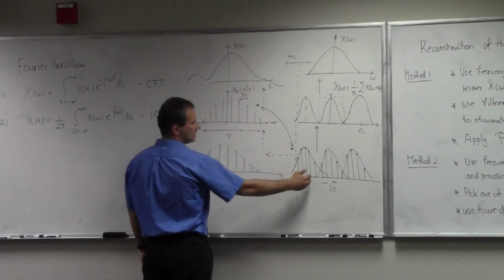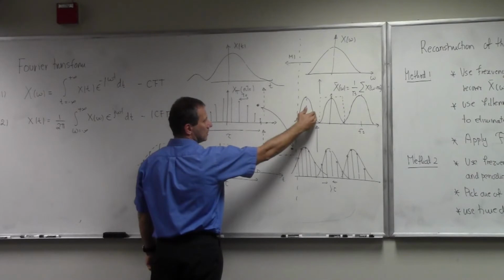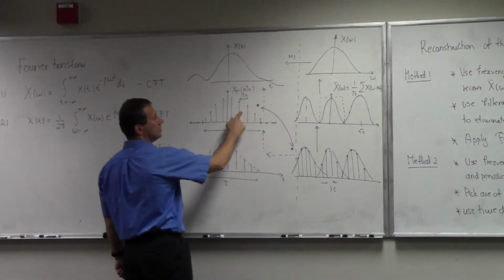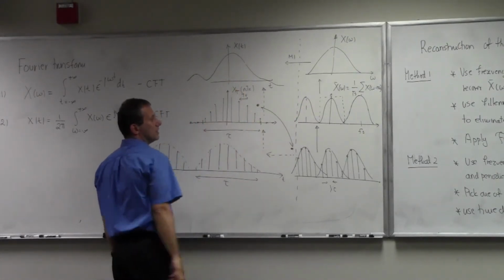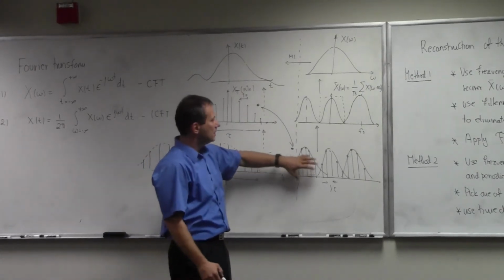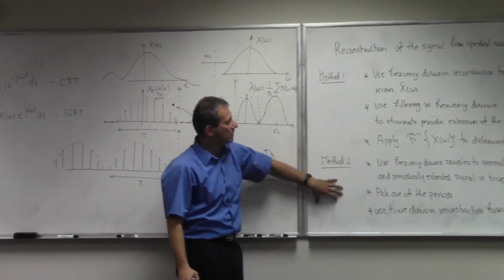Or you can go from here, estimate the spectrum of the sample signal, then do the Fourier transform, and then reconstruction in the time domain. So there are multiple ways you can reach this, but practically, if you have a sample version of the spectrum, you can do one of these two methods.